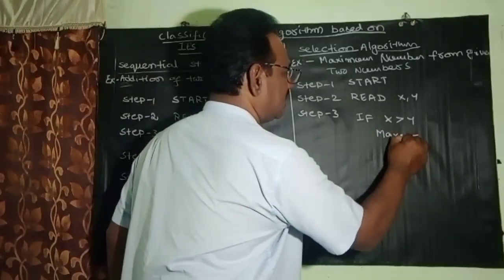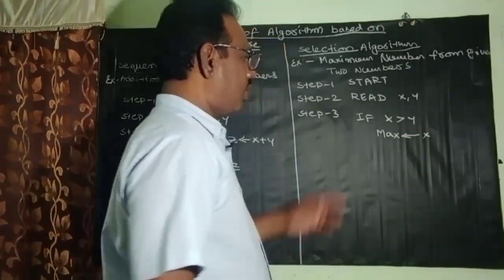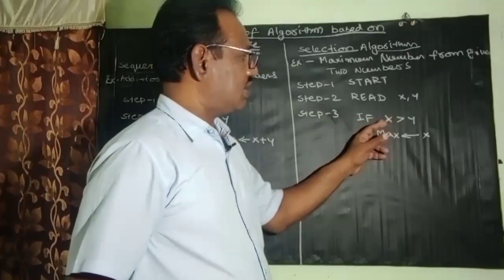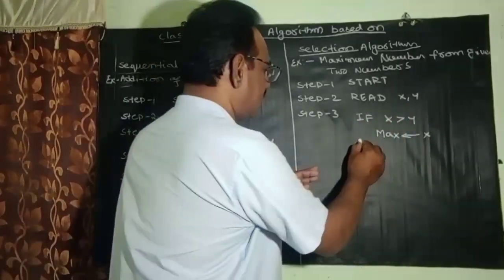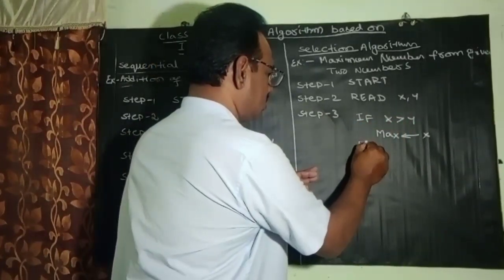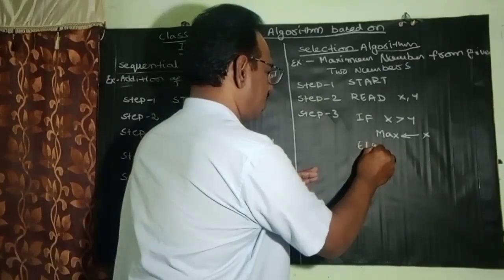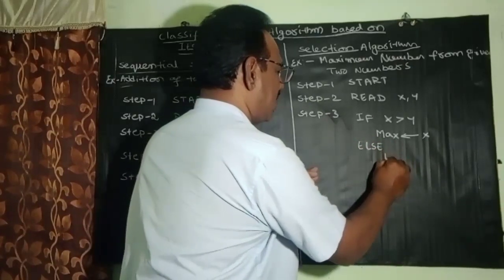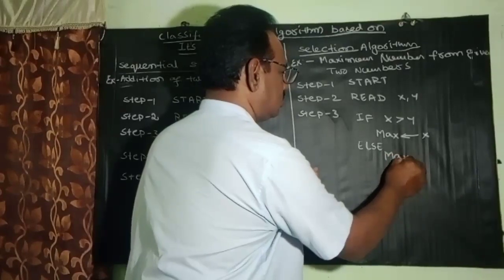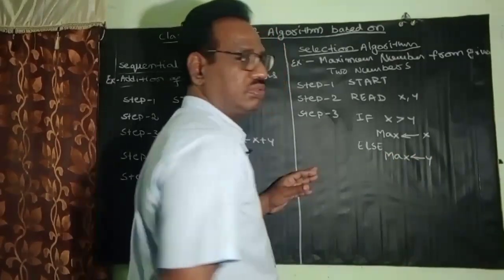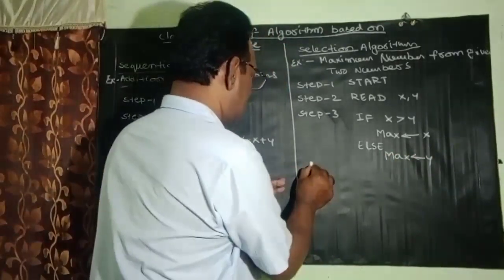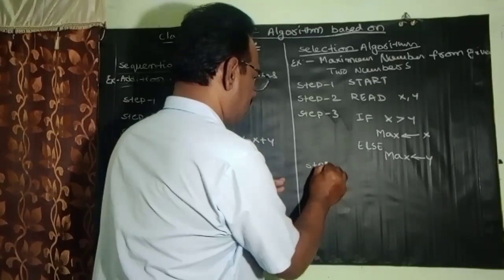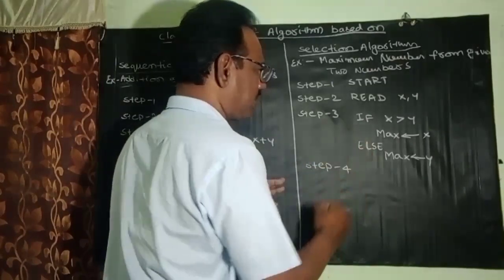So we are going to assign x. If this statement is not valid, then else max equal to y. And step 4, we have to print the maximum.